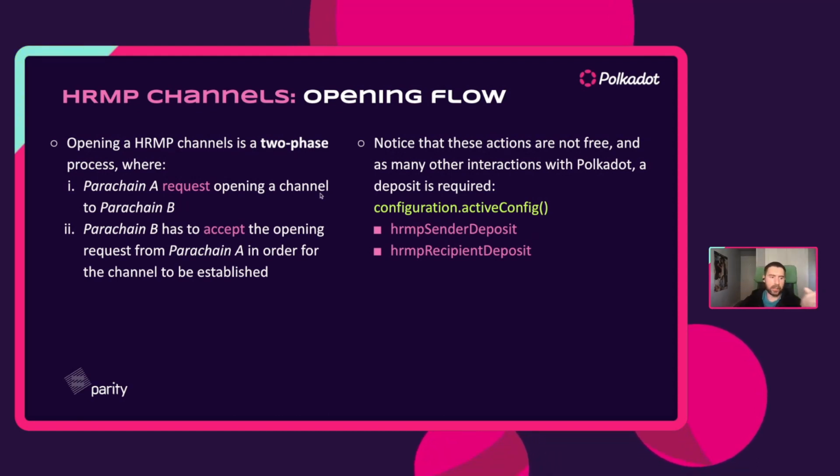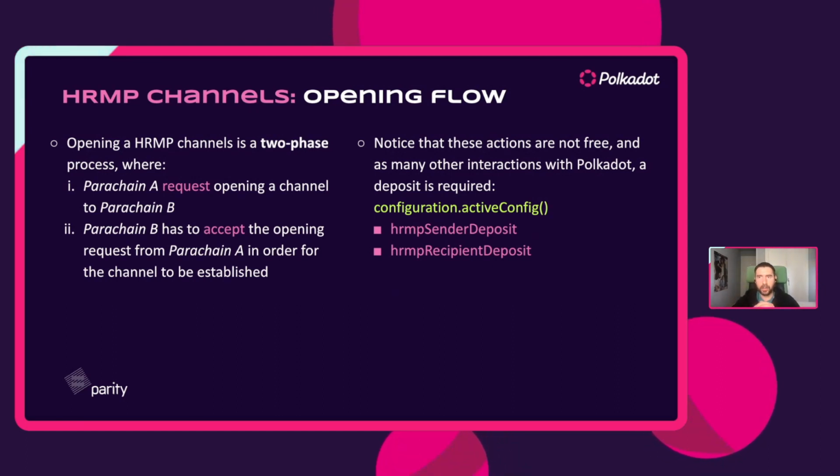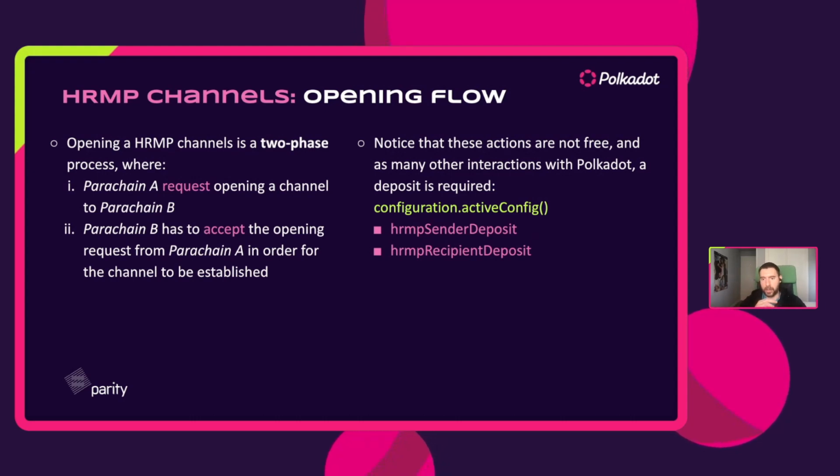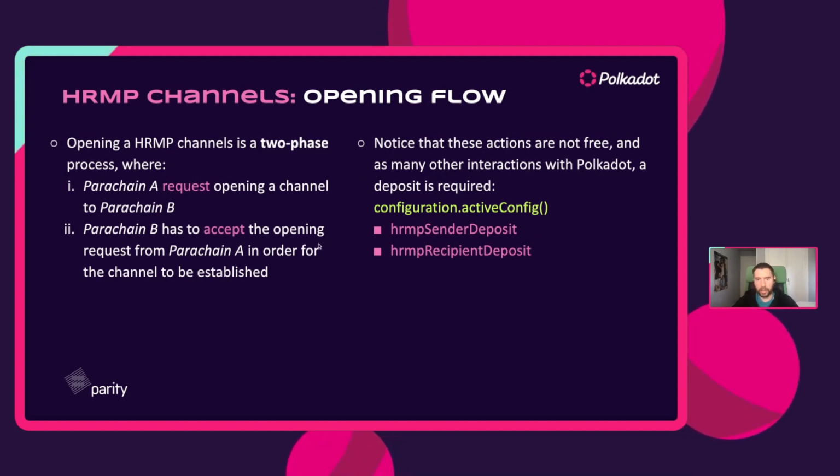Notice that these actions are not free, as with most actions that you do in Polkadot. The sovereign accounts of these parachains will need to have a couple of deposits, so enough free balance. You can check what the value is for your relay chain, for Kusama or Polkadot. Those are the HRMP sender deposit and HRMP recipient deposit.